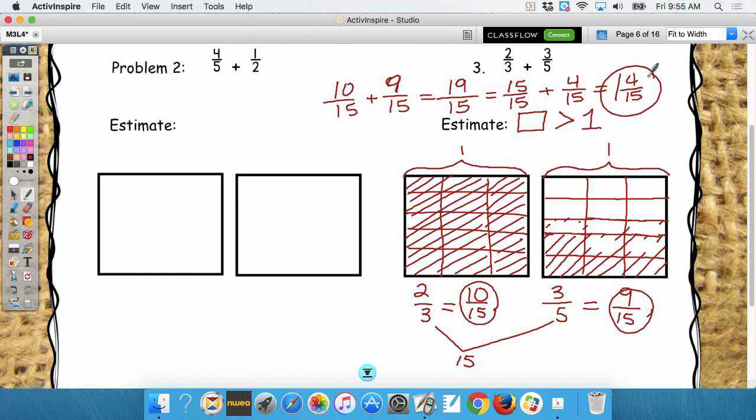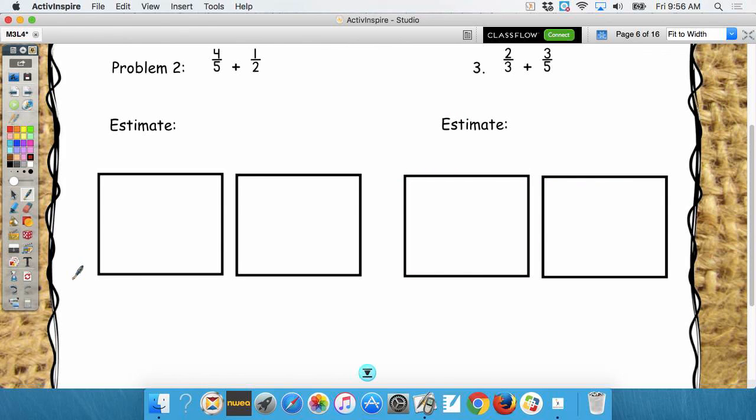Now, I want you to look at the number 19/15 for me. Erase everything but 19/15. I'll put it over here. Okay, so you got that on there? Okay, so here's another way you can think of it, okay?